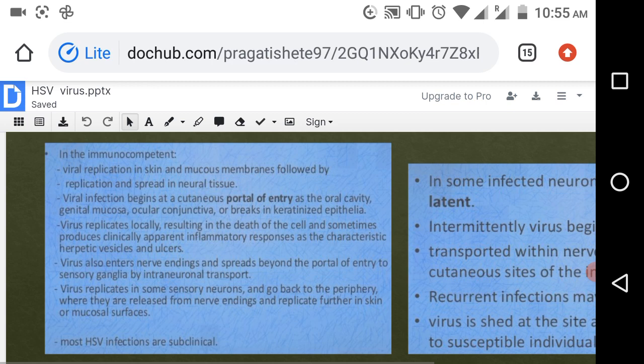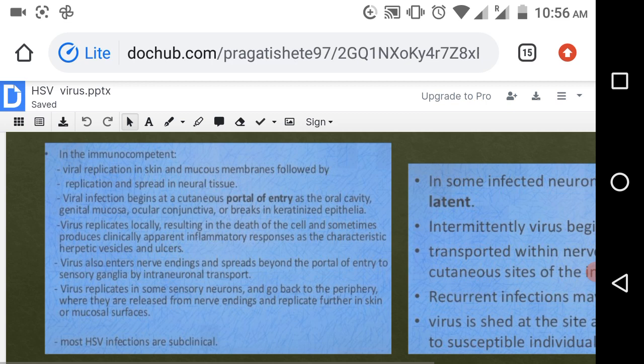In the last lecture we studied the sources of infection: skin, saliva, the genital regions, the respiratory route. So with that, viral replication in the skin and mucous membrane is followed by replication and spread in the neural tissues.